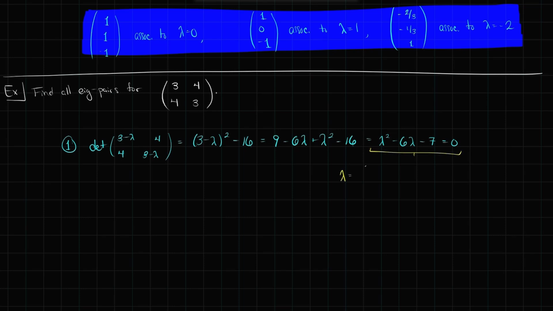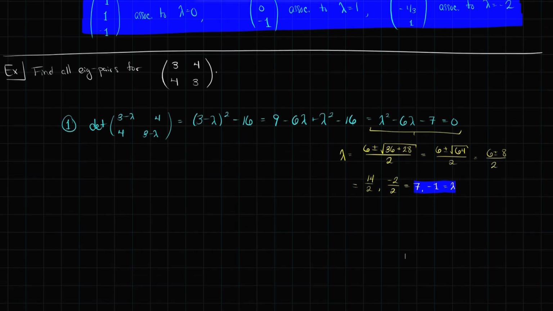Negative b is 6, so 6 plus or minus the square root of b squared, 36, minus 4ac. There's a negative sign on c, so we have plus 4 times 7 times 1, 28, all divided by 2a. So we have 6 plus or minus the square root of 64, which is 8, divided by 2, or rather 14 over 2 and negative 2 over 2, also known as 7 and negative 1. So these are our eigenvalues.